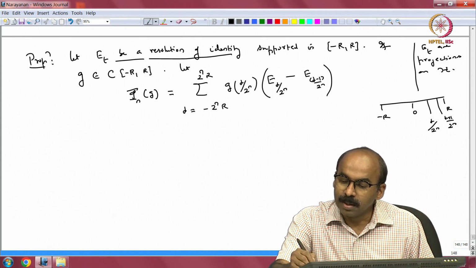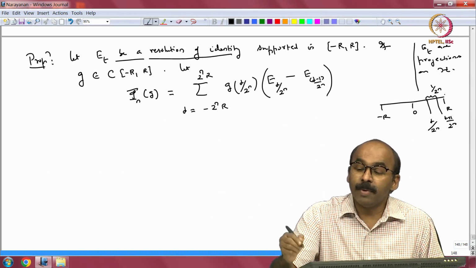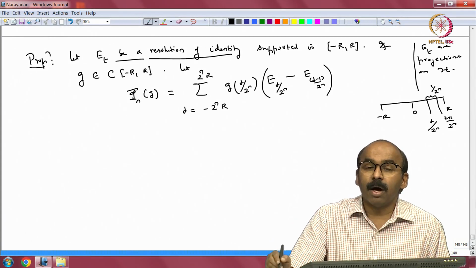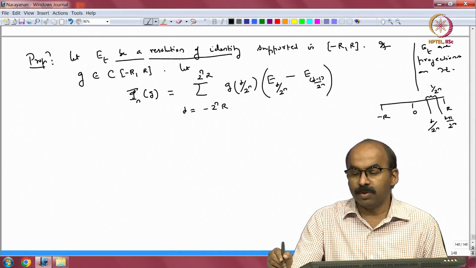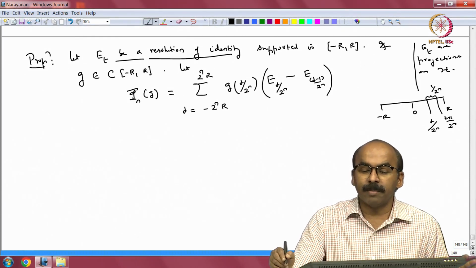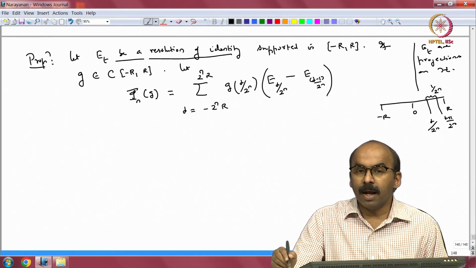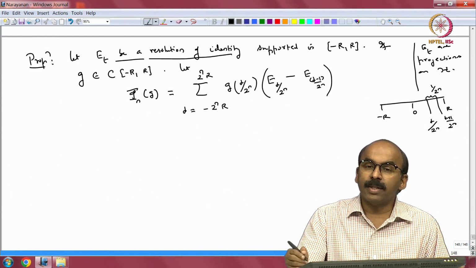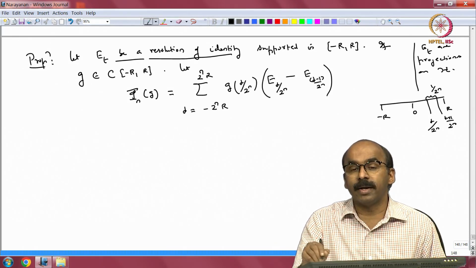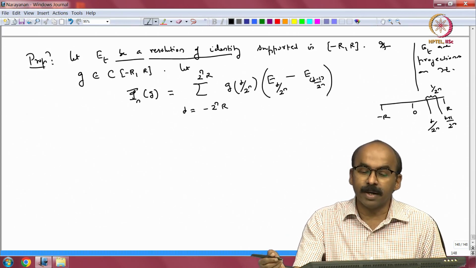So, this length is 1 by 2 to the n, right. So, I am decomposing minus r to r into intervals of length 1 by 2 to the n, right. So, each endpoint would be like j and j minus 1, and I am looking at the value at the right end minus the value at the left end of the resolution of identity, right. This is what you will do in a Riemann sum, right.